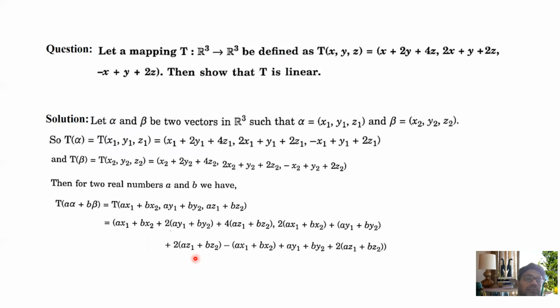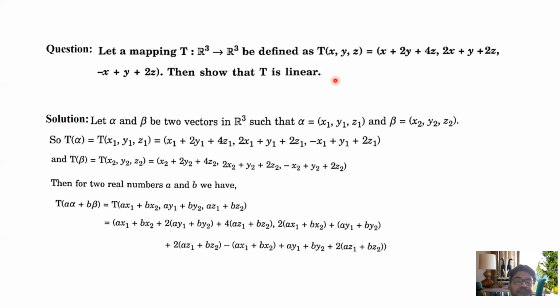Now, fourth question. Let a mapping T colon R cube to R cube be defined as T(x,y,z) equals (x plus 2y plus 4z, 2x plus y plus 2z, minus x plus y plus 2z). Then show that this mapping T is a linear mapping.